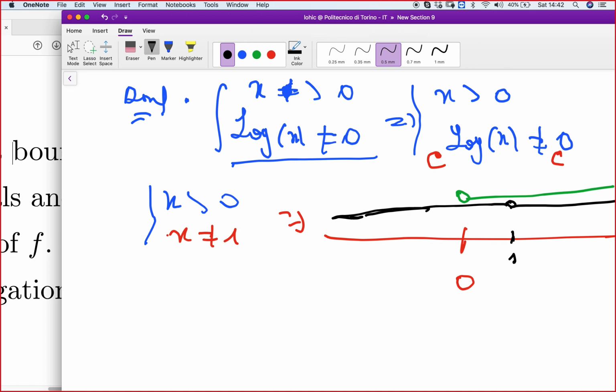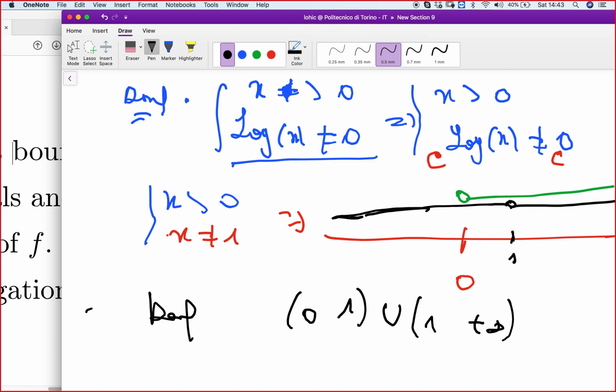You can see that 0 is only in one condition, and 1 is only in one condition. So from 0 to 1, union 1 to plus infinity. This is the domain of f.